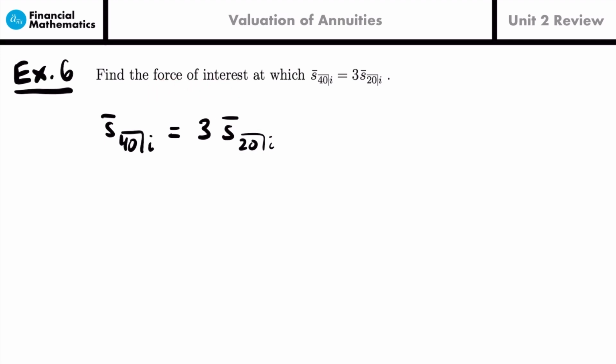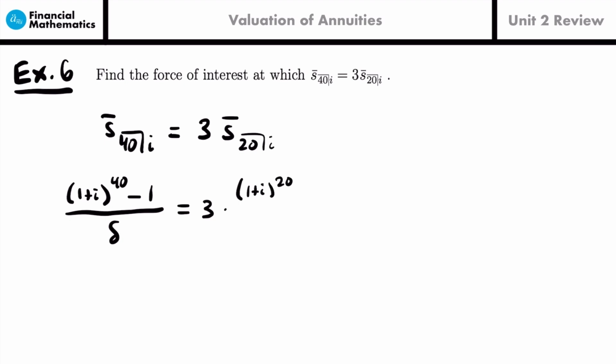And so remember, the formula for the future value of a continuous annuity using a constant force of interest will look like this. We have 1 plus the interest rate to the power of n, which is 40, minus 1 divided by the constant force of interest, and that will be equal to 3 times 1 plus I to the power of 20. That's the value of n for this continuous annuity, and then we'll subtract 1 and divide by the force of interest.